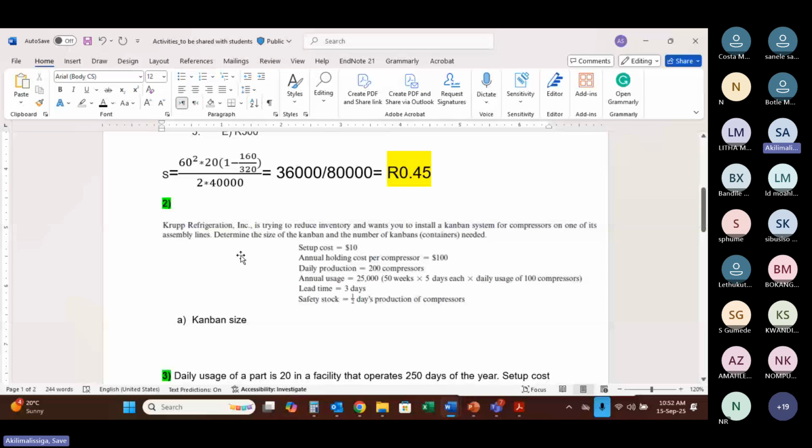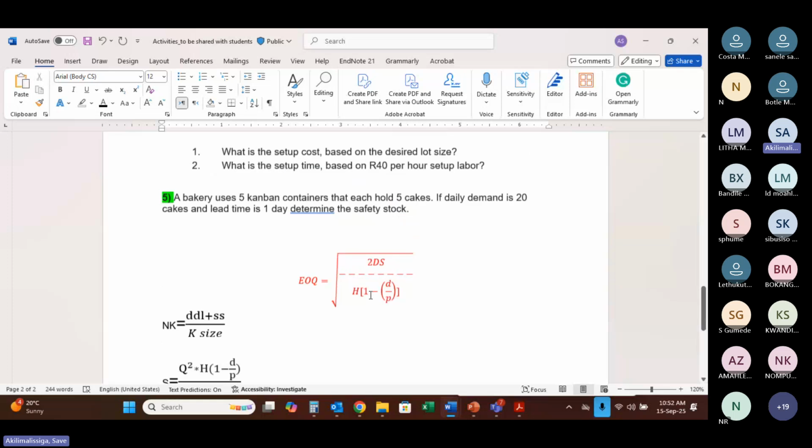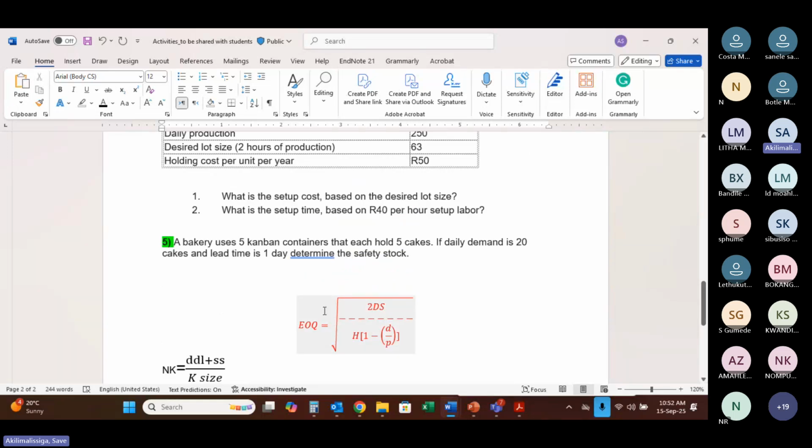Now, what is important here is also to know that Kanban size is equal to EOQ. I think that is the starting point. Once you know that, you'll be able to move on with other calculations, because by knowing that, you are able to connect this formula and this one.